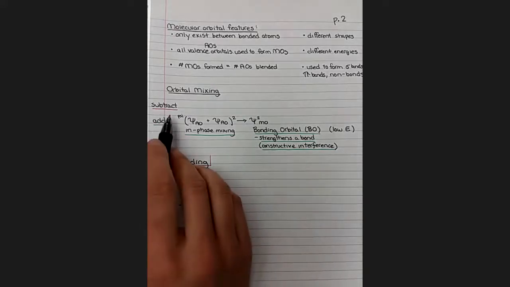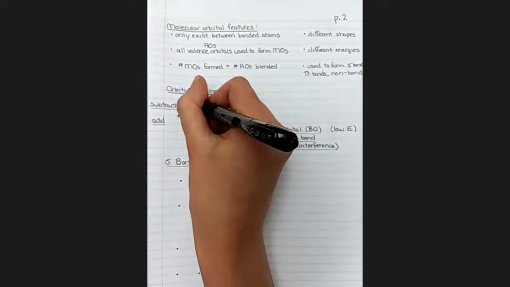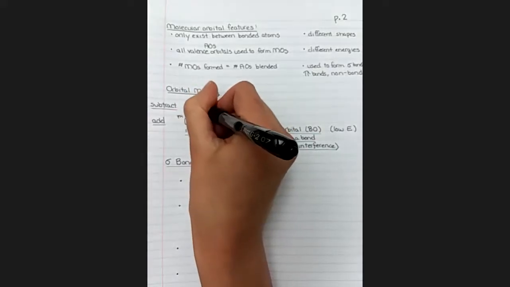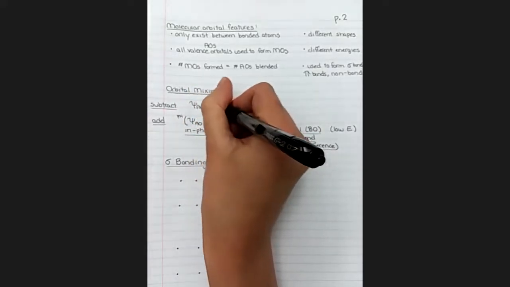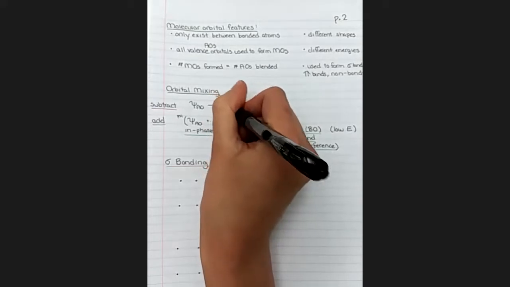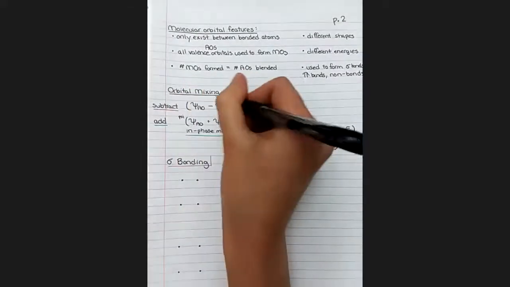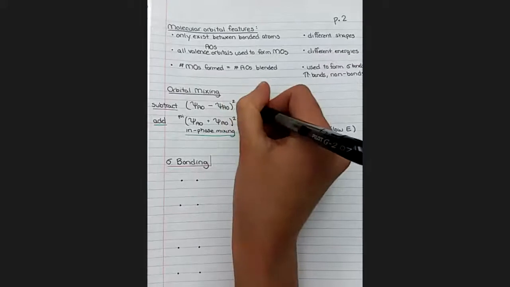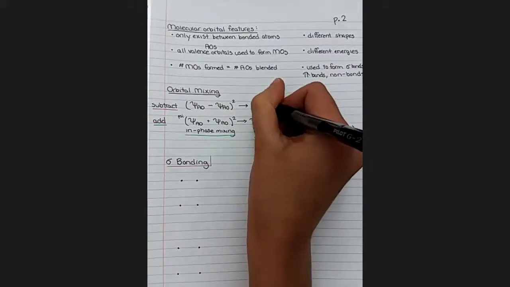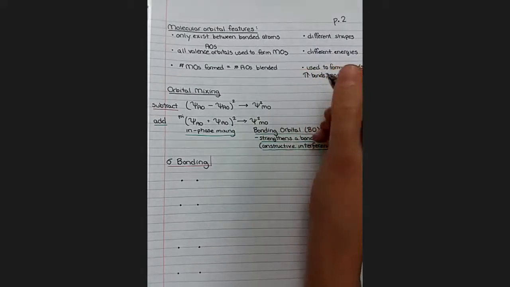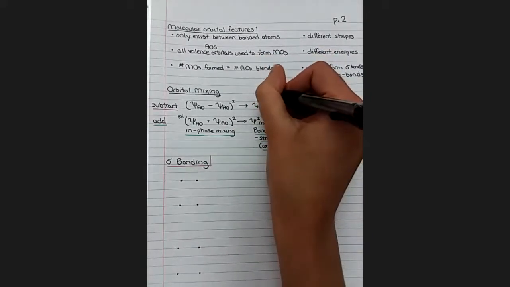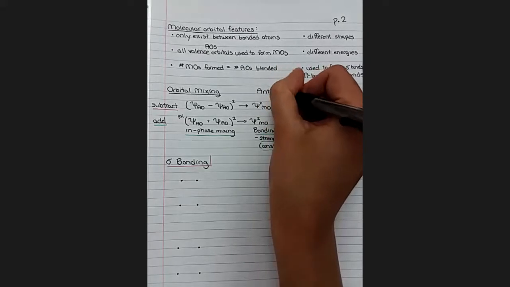Our other option is to subtract. So if we take one atomic orbital and we subtract the other atomic orbital, and we square that difference, that gives us psi squared for a different kind of molecular orbital. And that other kind of molecular orbital is called an anti-bonding orbital.